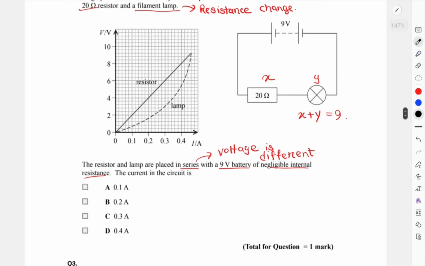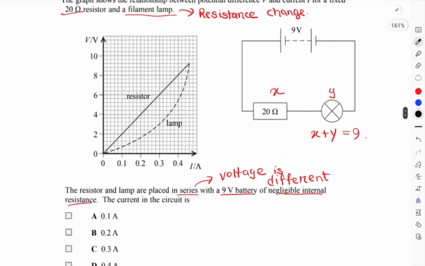Now if you focus on the graph, 9 can be broken down into what values? 9 can be broken down into 4 and 5, right? So if I write 4 and 5, this is approximately 5 and this is approximately 4. Wait a minute.